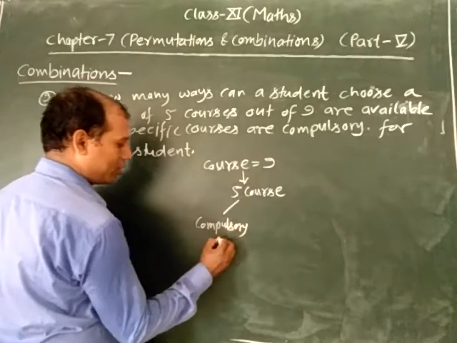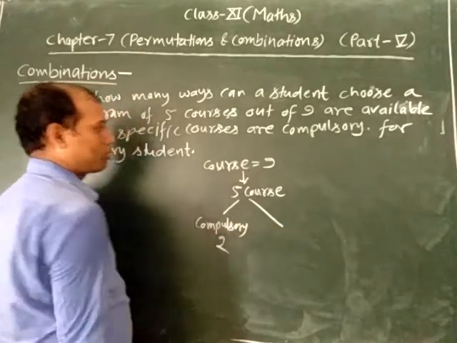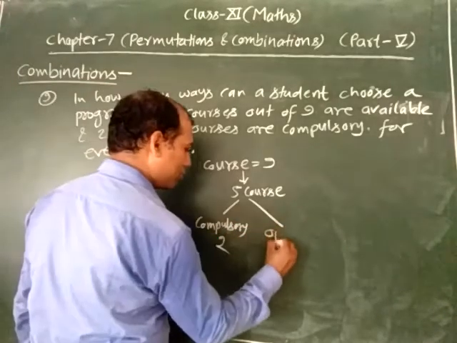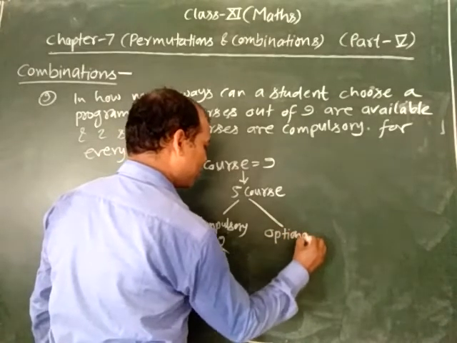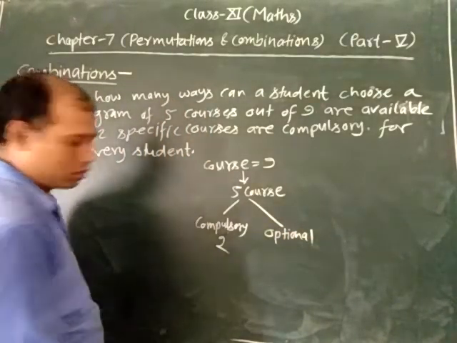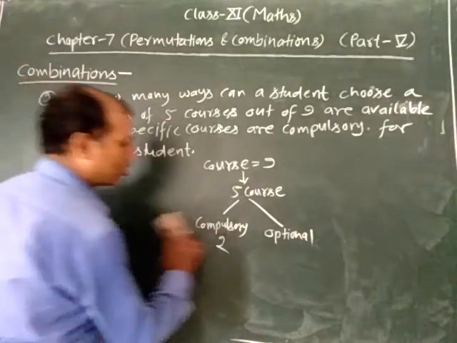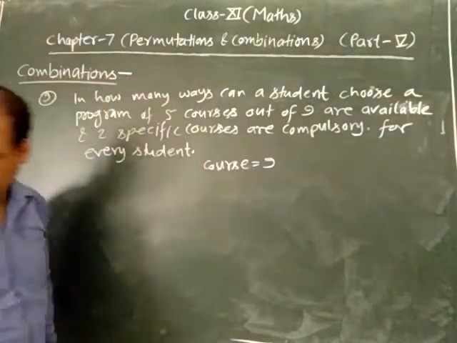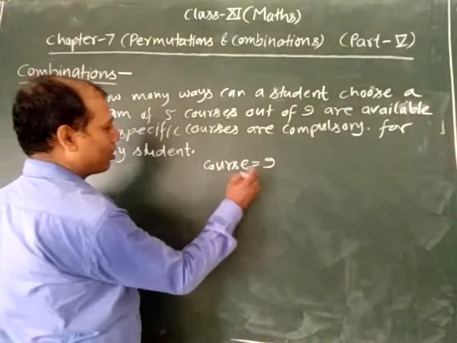Compulsory courses are 2 and optional courses are 3. We have to choose 5 courses out of these 9 courses.